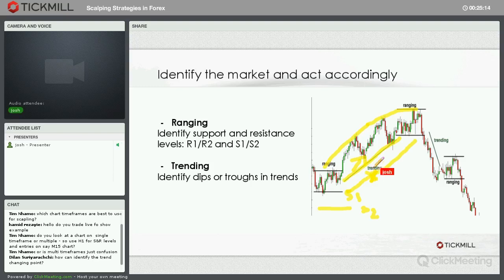Another place where you can set your stop loss level is the previous resistance, right? So let's say this was R1 over here. Okay, this yellow line that I've drawn here, I'll just draw an arrow to it. Let's say this was R1, right? This line here. The price broke out of it and it created this upward trend, right?